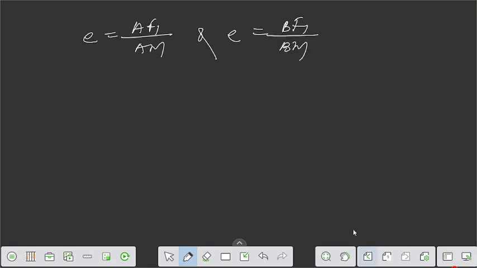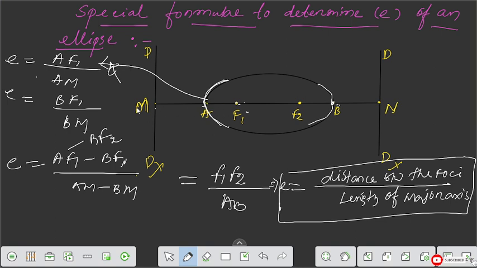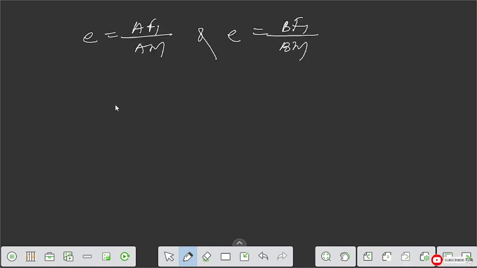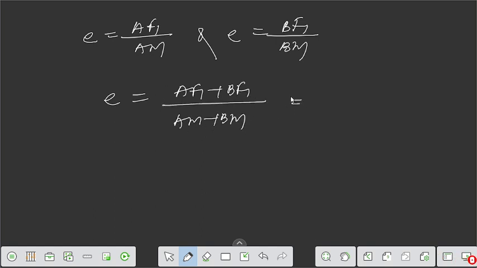So we know eccentricity is AF1 divided by AM, and also eccentricity is equal to BF1 divided by BM. So in this case we can just add these terms, so we get AF1 plus BF1 divided by AM plus BM.